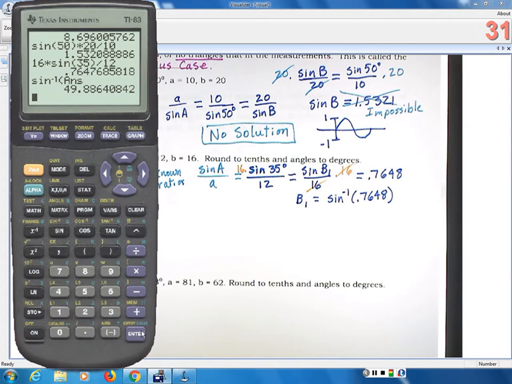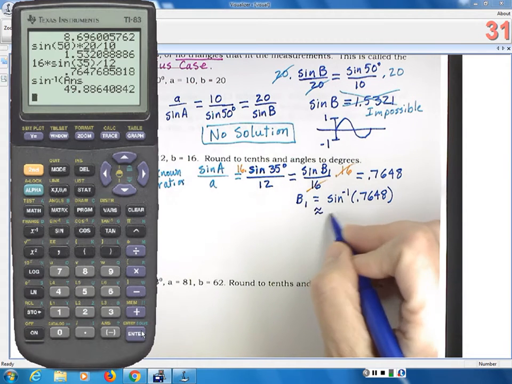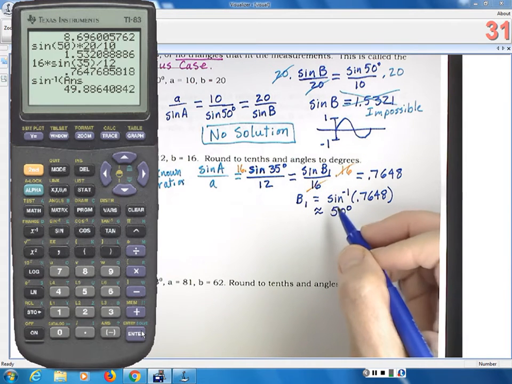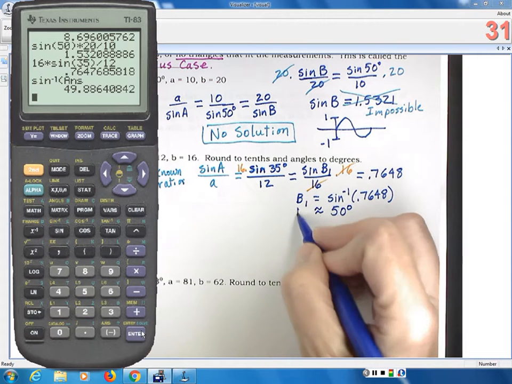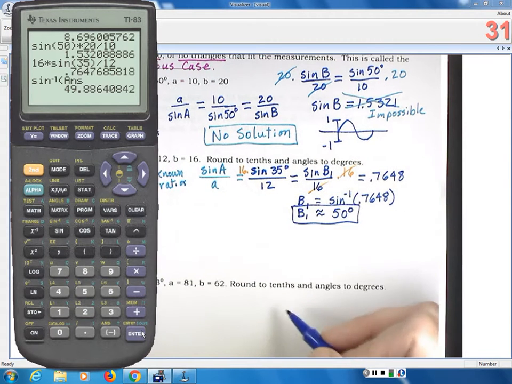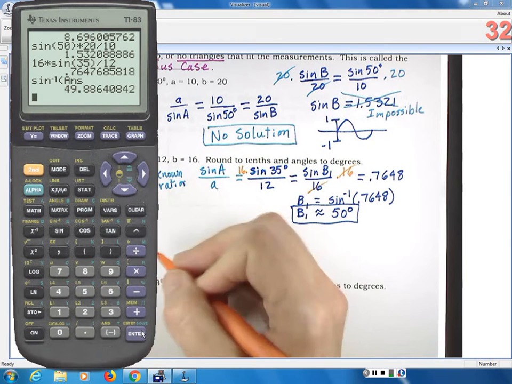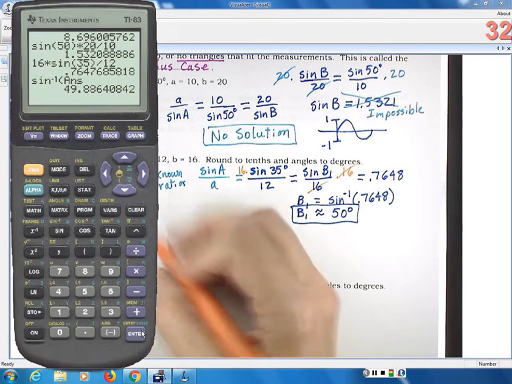And to the nearest degree, that would be approximately 50 degrees. So B1 is approximately 50. Okay, so we've got 50 degrees over here. Now we can find C1.